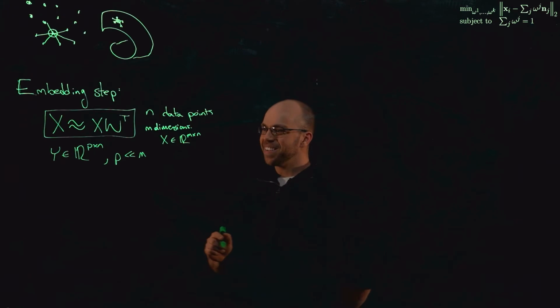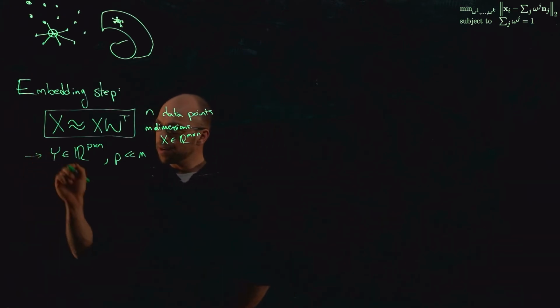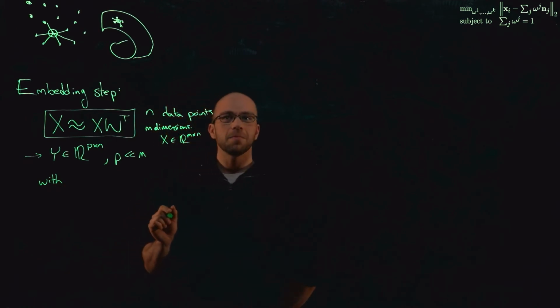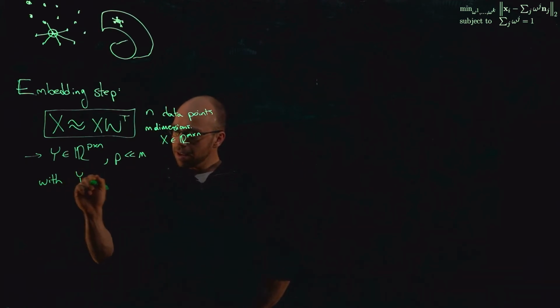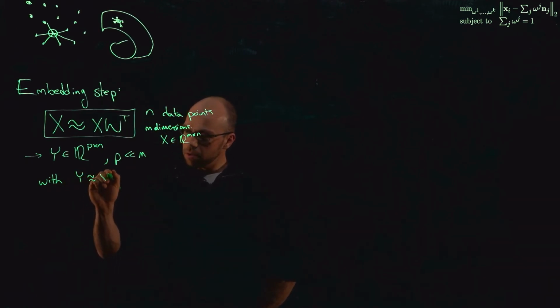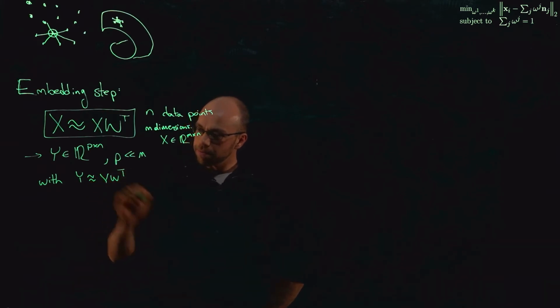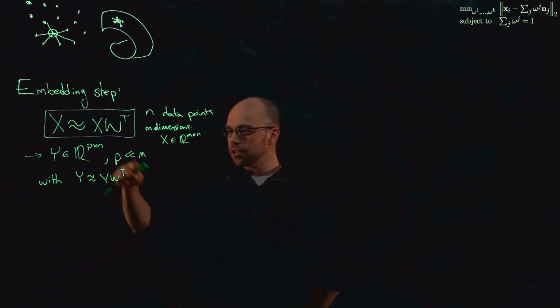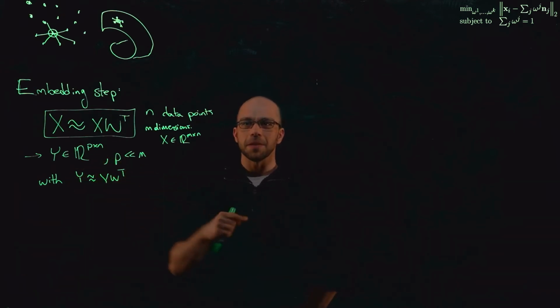Okay, and how are we going to compute Y? Well, we'd like exactly the same relationship, namely that Y is roughly equal to Y times W transpose. Now here's a problem. Is this condition sufficient to make for an interesting optimization problem?